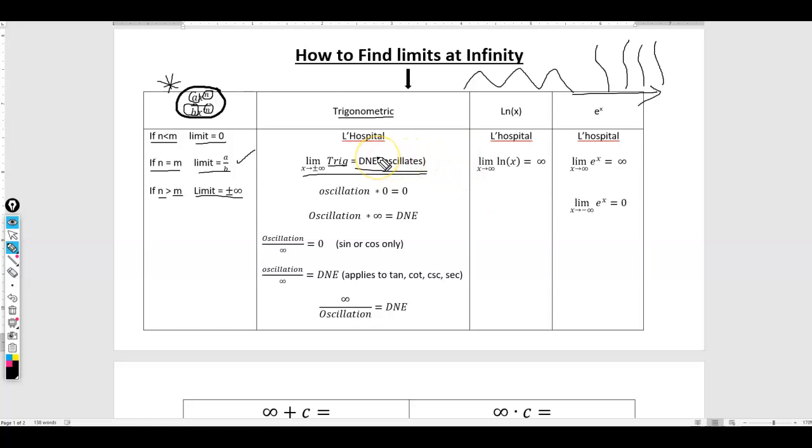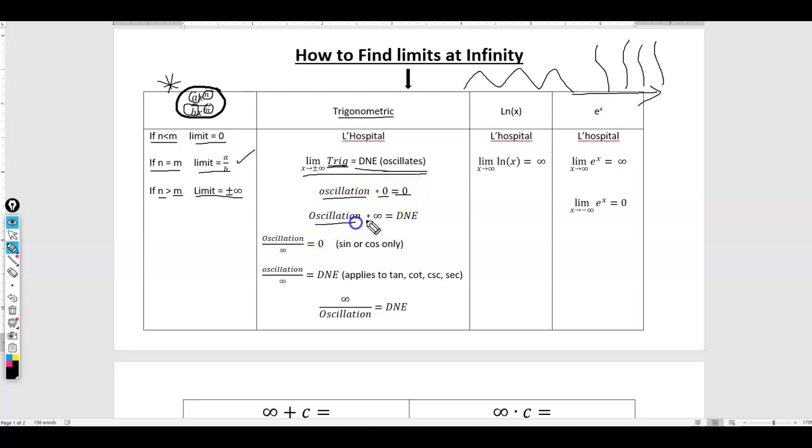Now, just so you guys know, a lot of times when you're doing these limits of trigonometric functions at infinity, you have more than just a trig function. You have a trig function that's either being multiplied or divided by something. So if you have a trig function that's being multiplied by something and that other thing comes out to be 0 at infinity, then that's 0, because 0 times anything is 0.